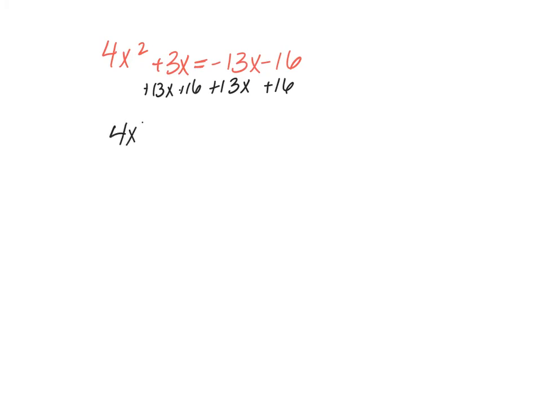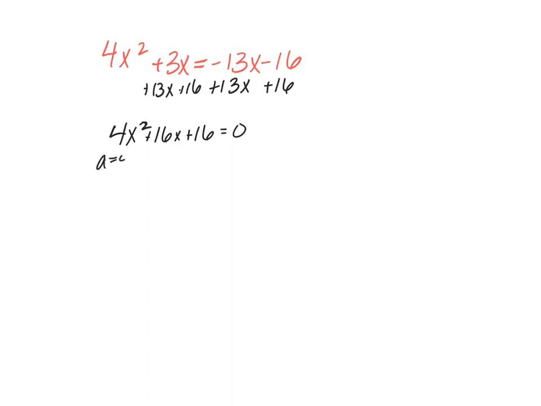Thank you. So let's look at another one, 4x squared plus 3x equals negative 13x minus 16. So we need to move everything to one side. So I have 4x squared plus 16x plus 16 equals 0.